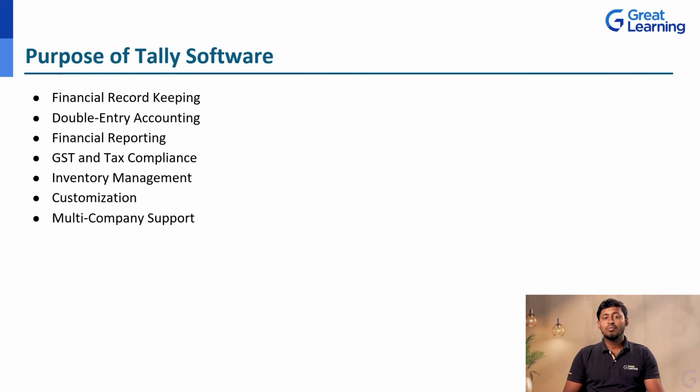So many raw materials will come, ancillary products will come, and work in progress will be there, semi-finished goods, finished goods, all those things, correct? At that time, maintaining accurate balance or accurate information of inventory is very, very challenging in the organization. Here in the Tally software, they are going to give accurate information based on whatever inputs you give, and it will give the appropriate account balance of the inventory.